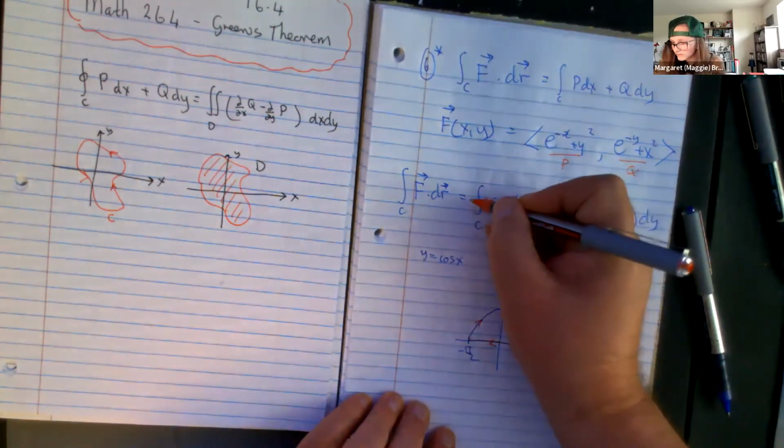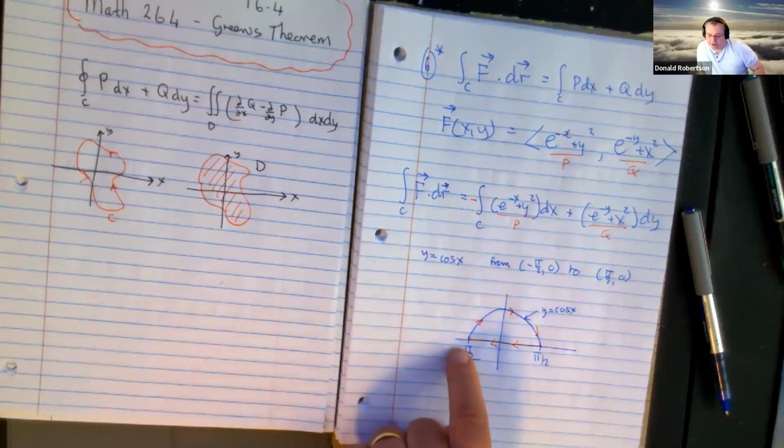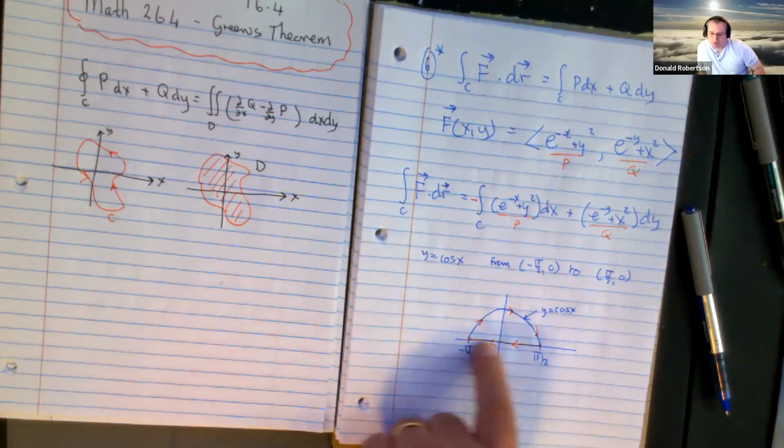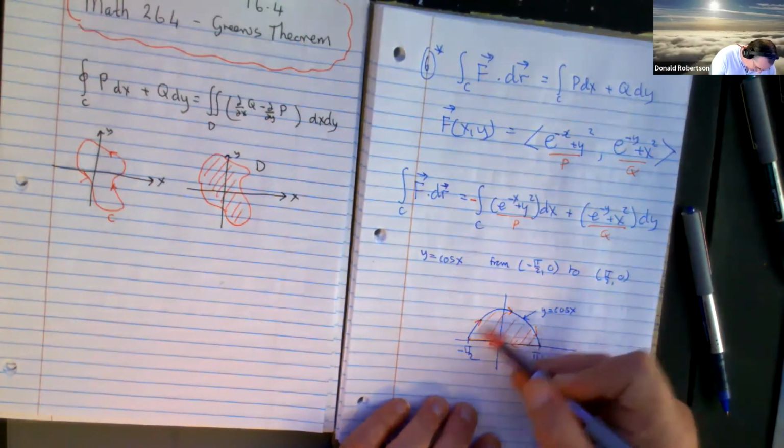So to fix it, stick a negative there. If I didn't notice the orientation, wouldn't I get the right numerical answer, but the wrong sign? It says y is cosine x going from here to here and then back home. So this represents our region D.